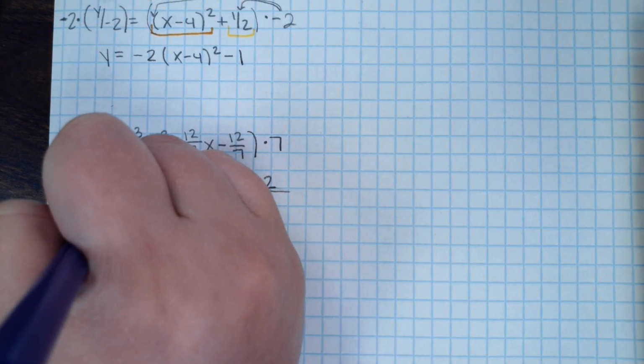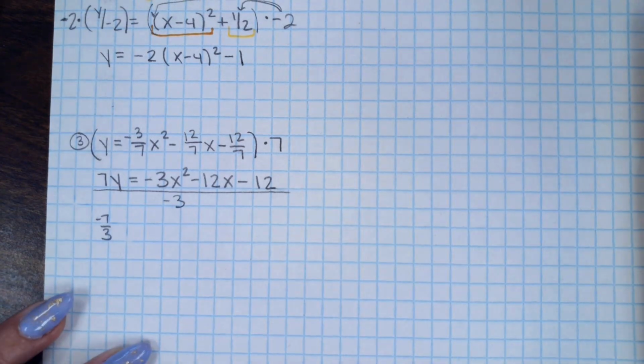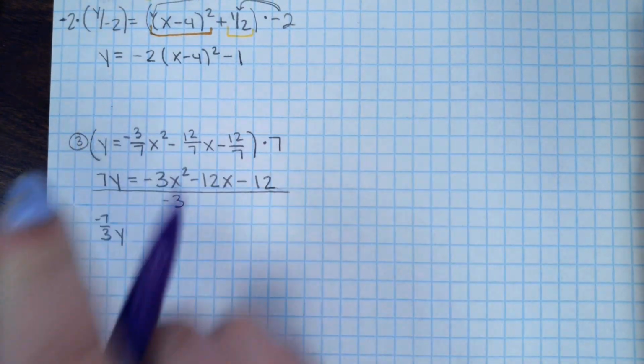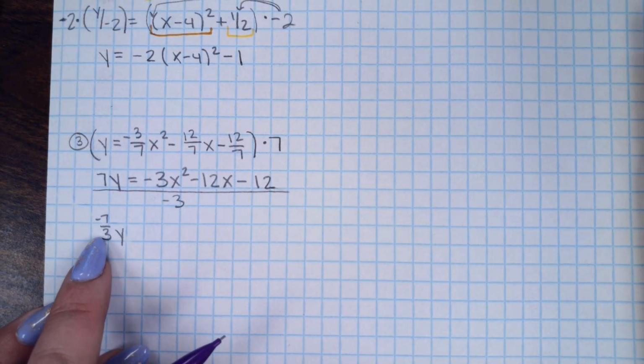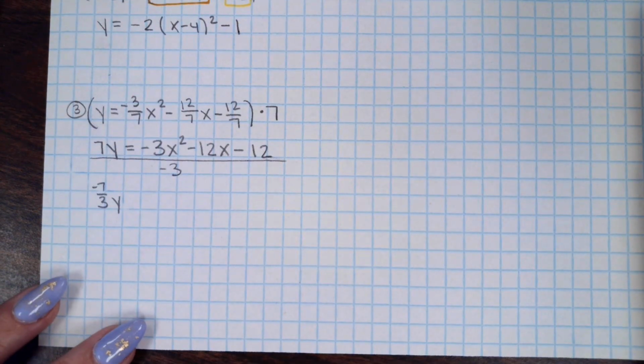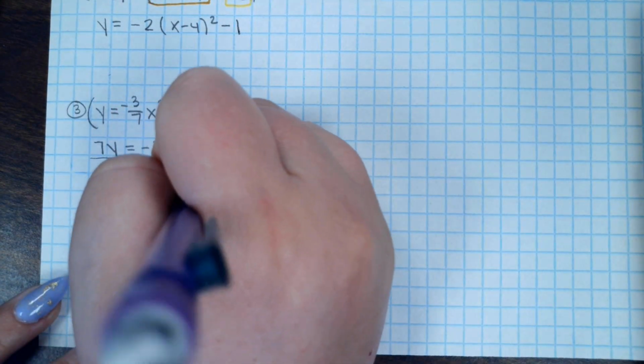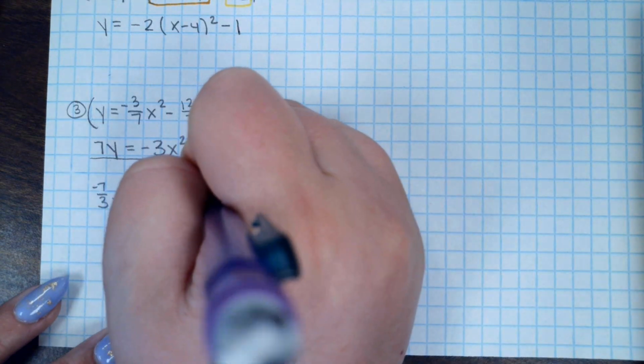So we've got -7/3 y. The negative was on the 3. It's okay if you leave it there, but traditionally you'll see it written in the numerator instead. Equals x squared plus 4x plus 4.